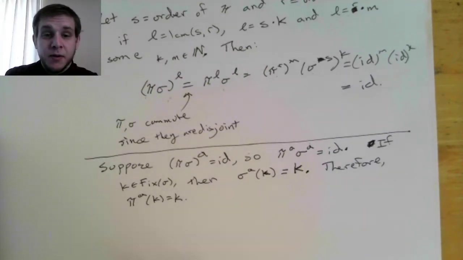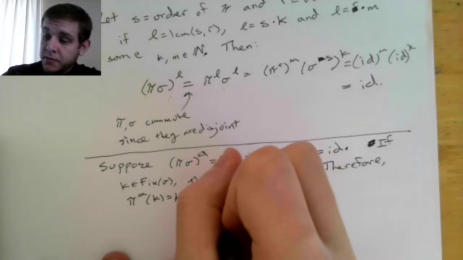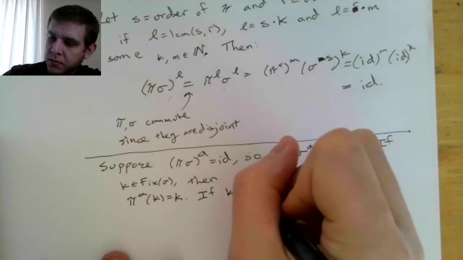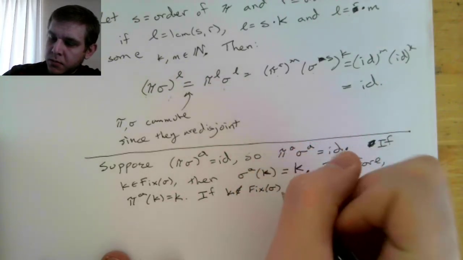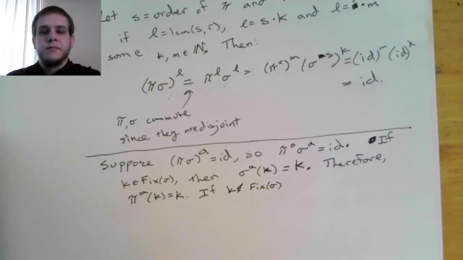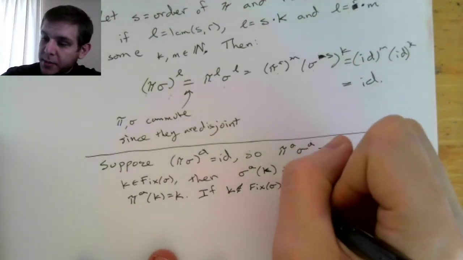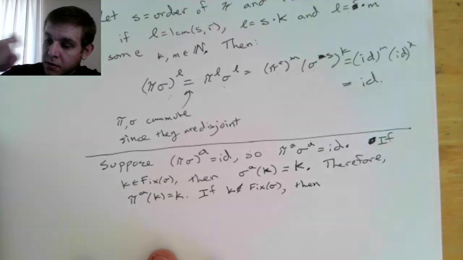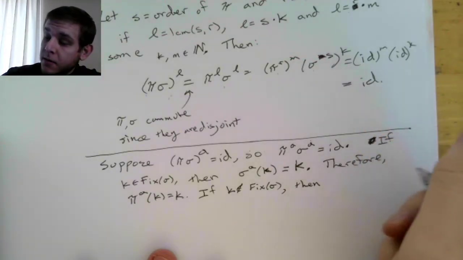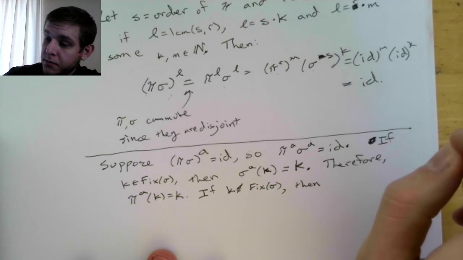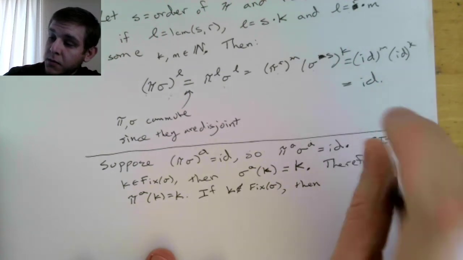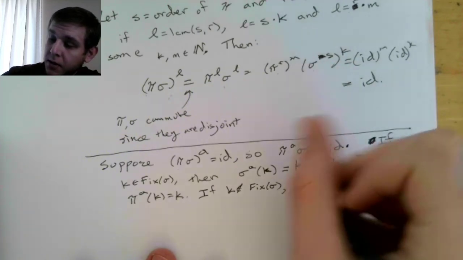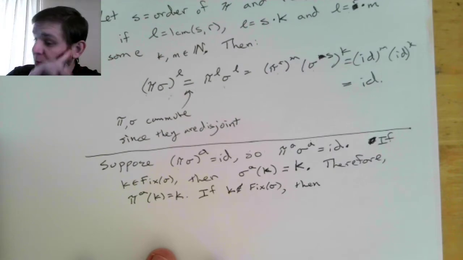Now what happens if K is not fixed by sigma? Then I sort of switch the roles, right? If it's not fixed by sigma, then it's moved by sigma.